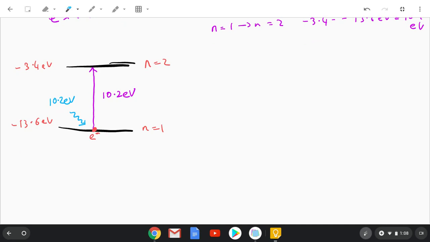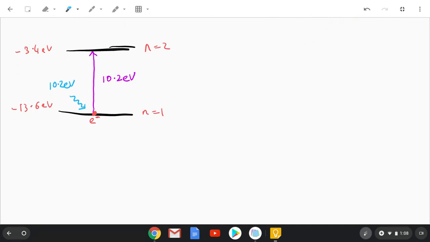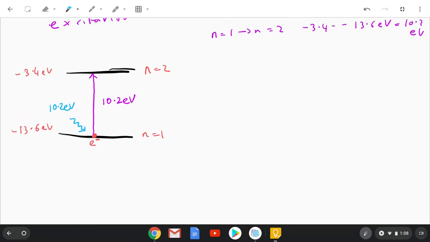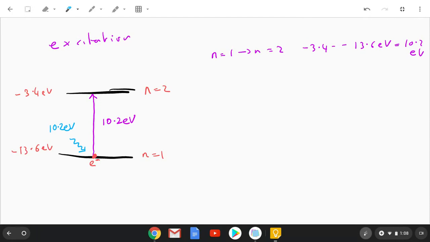Now, let's imagine that this incoming photon has 10.1 electron volts of energy.